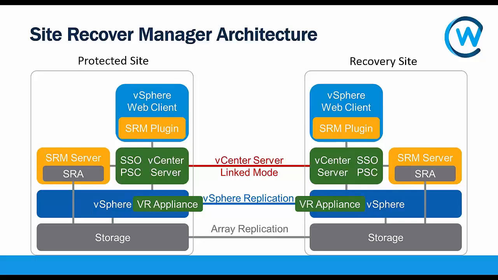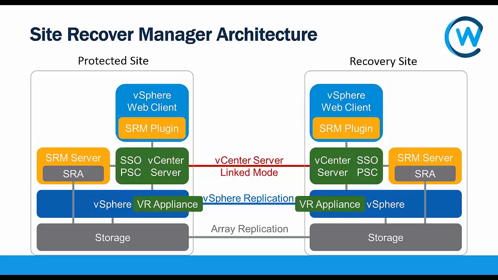Effectively they're just OVA files that you can deploy into your current VMware environment and configure to replicate virtual machines on a scheduled basis. When I'm referring to a scheduled basis, that's when we're talking about things like RPO. Say, for example, I've got a file server and I want an RPO of 1 hour on that, so I'd configure replication every hour to meet that RPO requirement.